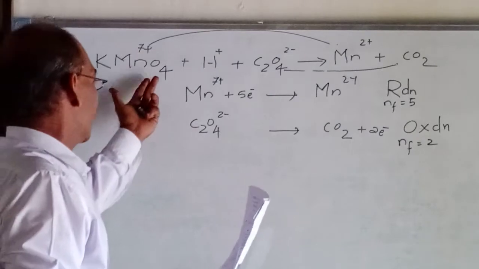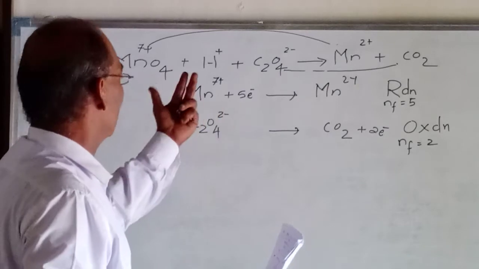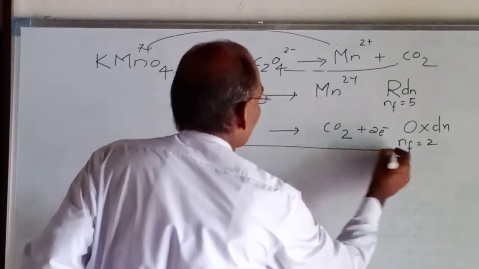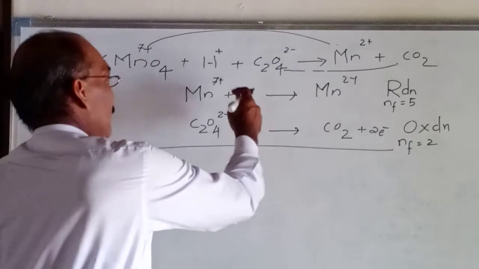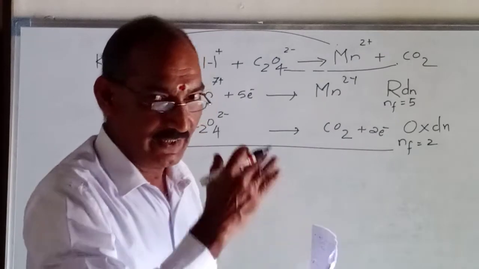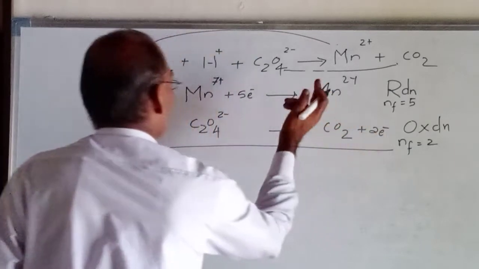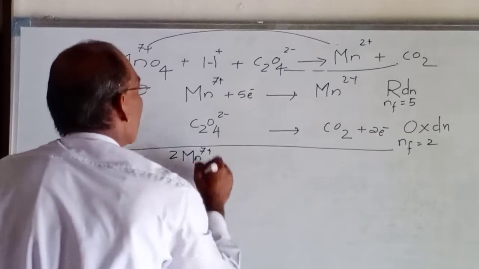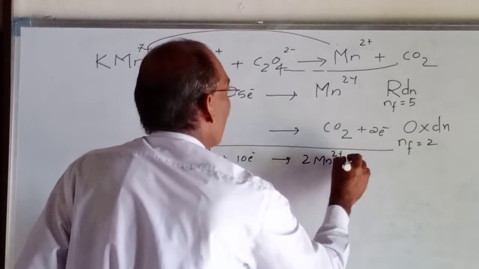But oxygen and H plus ions are there, and we have to balance even manganese. So how can we balance? First let us write two equations, equation 1 and equation 2. Using the simultaneous equation method, here 5 electrons, here 2 electrons. So can we cancel them? Therefore multiply the first equation by 2 and the second equation by 5. So 2 Mn7 plus plus 10 electrons gives 2 Mn2 plus.